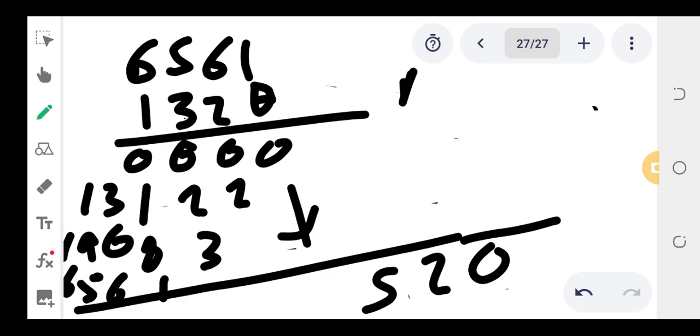Then we get this 1 plus 8 plus 1, that is 10. We just write a 0, we carry 1. Then 3 plus 6 plus 6, 6 plus 6 is 12, 12 plus 3 is 15, 15 plus 1 we get 16. So we carry 1 again.